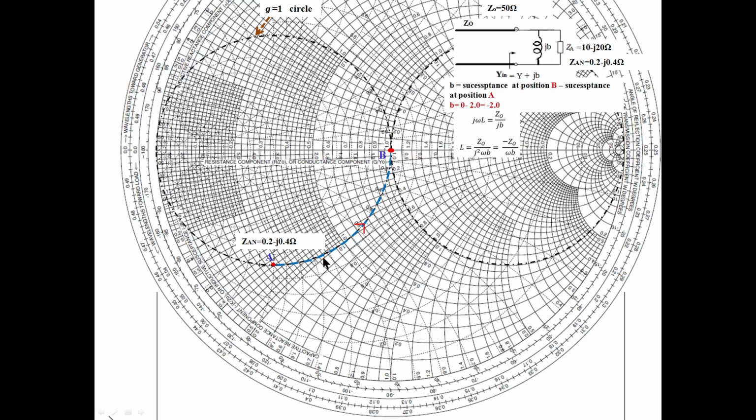But what is the susceptance at A? You see which susceptance circle is passing. Only this one is passing. What is the value written outside the circle? This is 2.